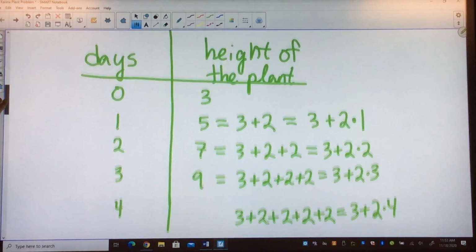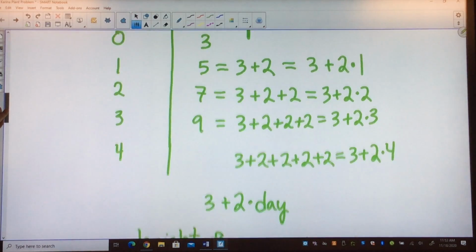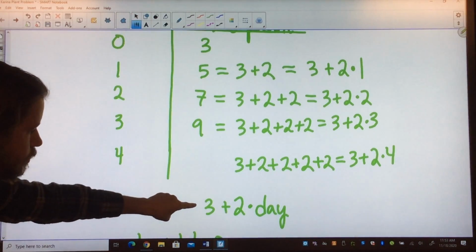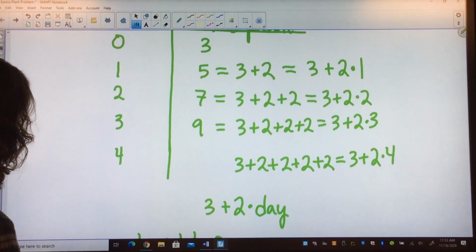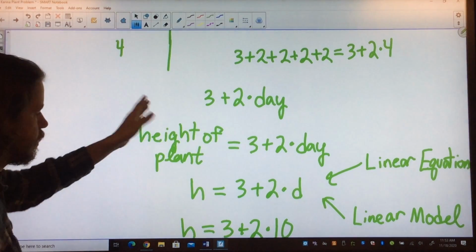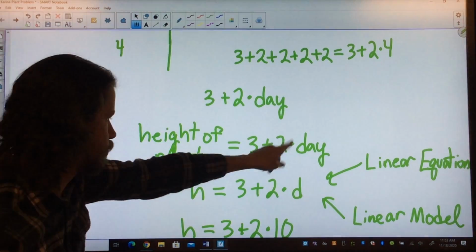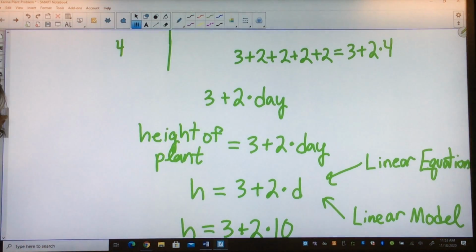Then from that table, we generalized a pattern. From that pattern, we wrote a linear expression, and from that linear expression, we wrote a linear equation. Then we replaced these phrases with letters, because we like to be lazy. So now we have our linear equation or our linear model. It's modeling how the height of the plant changes over time.